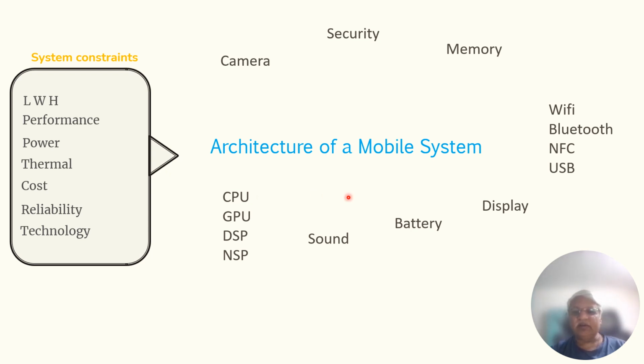The battery considerations, how several items need to be connected, how the data flow exists, those will be different. So by considering all these things, you can say that architecture differs from one mobile system to another.